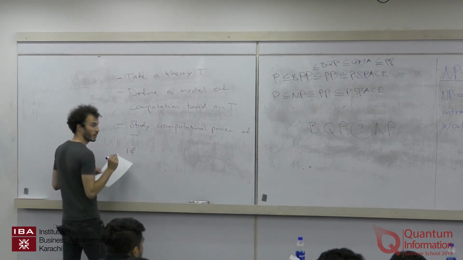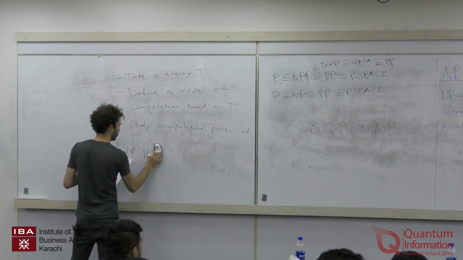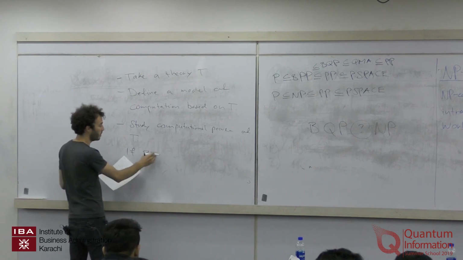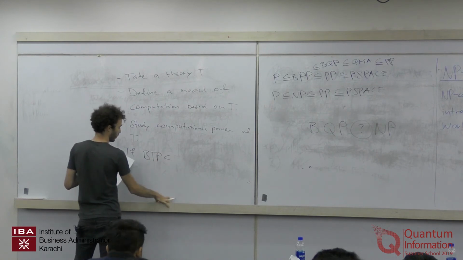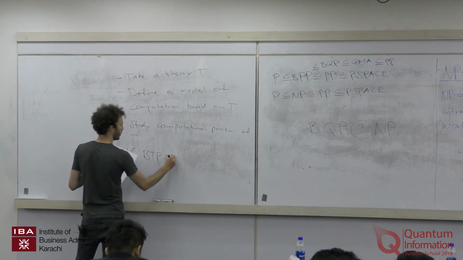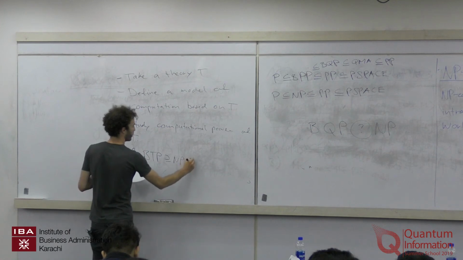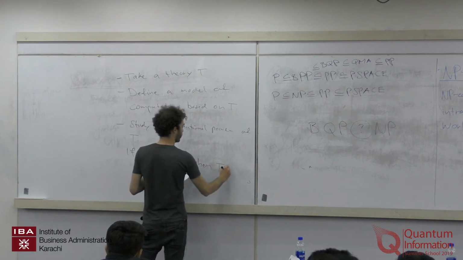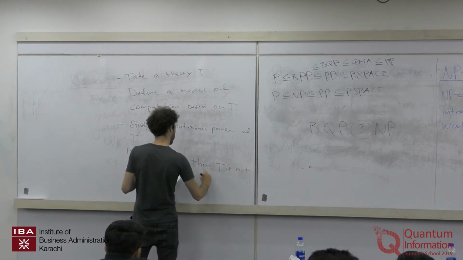Now, if we find that the bounded-error probabilistic time class of this model contains NP, then according to that assumption, T is not a physical theory.